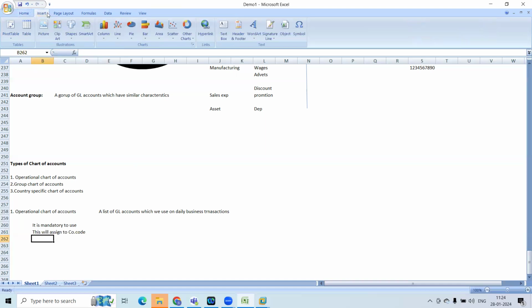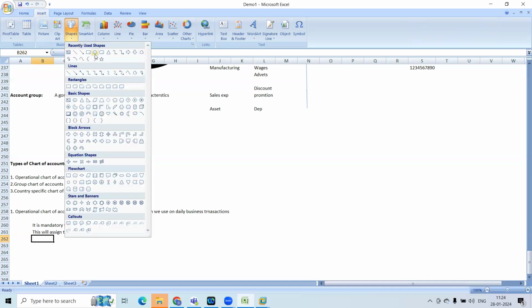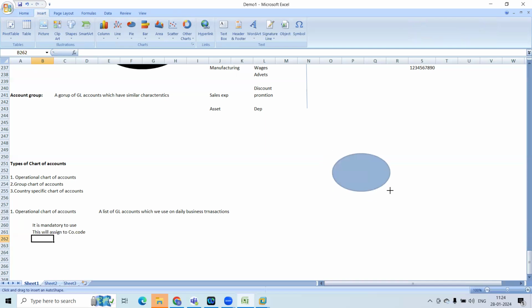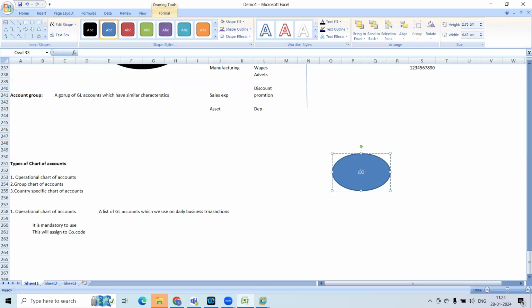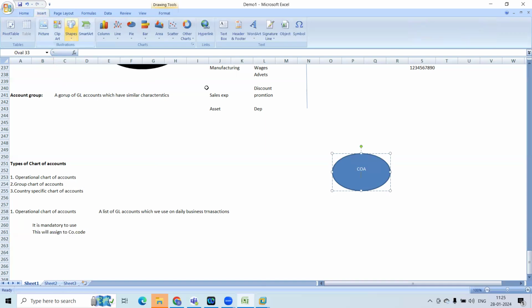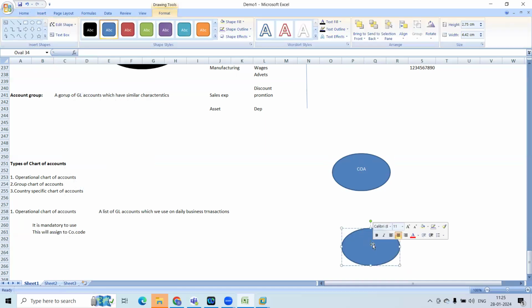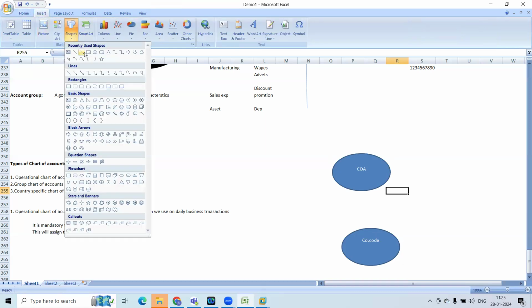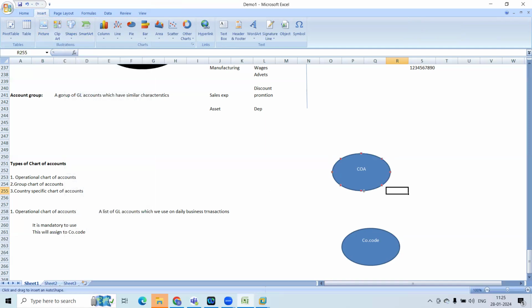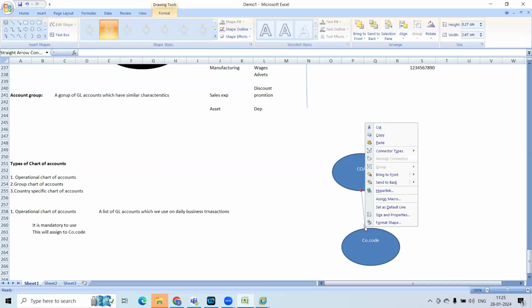Now again one more diagram. COA, chart of accounts. We can copy this only now. I'll try. Company code. We said we'll assign this chart of accounts to company code, right?